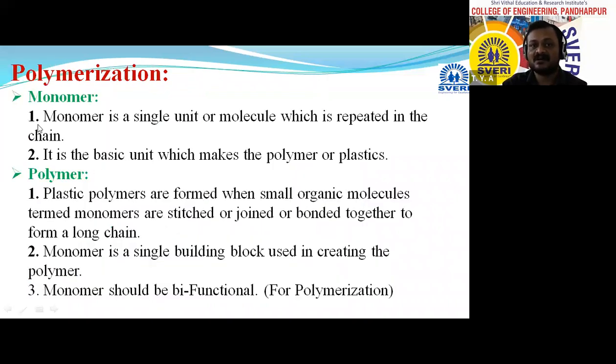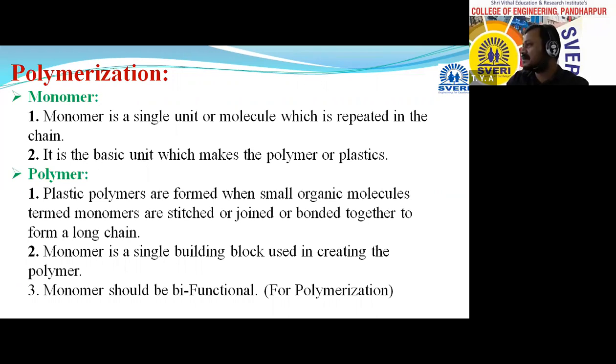Then after this, we discussed the concept of monomer. Before understanding the polymerization process, we discussed what is the meaning of monomer and what is the meaning of polymer. A monomer is a single unit or molecule from which that particular plastic material is formed.